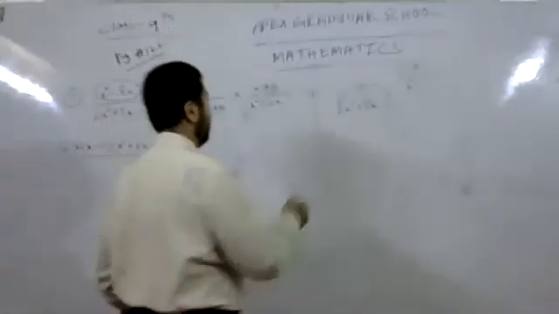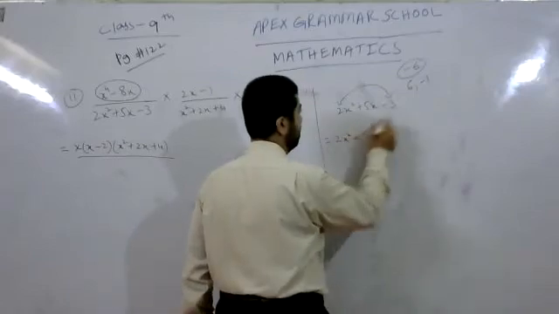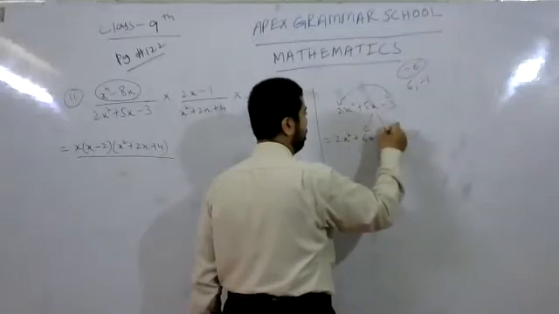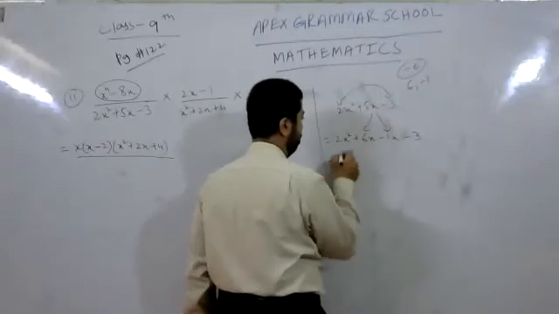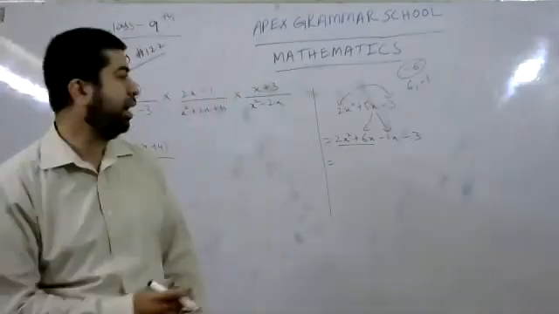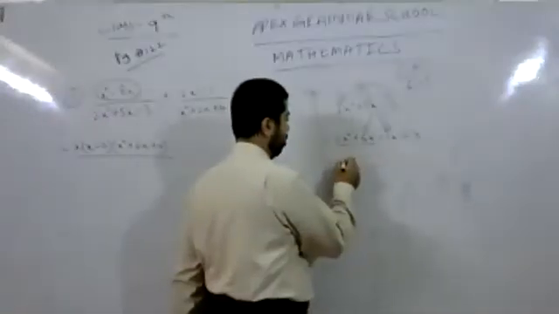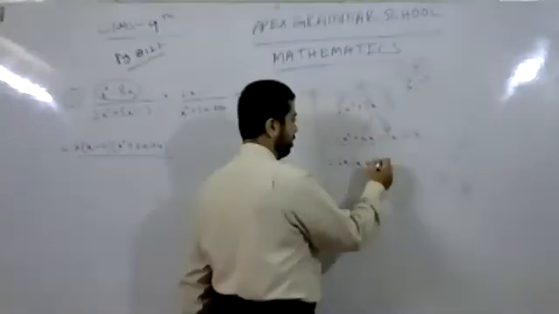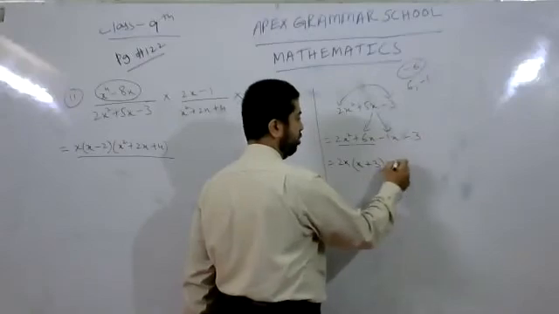So you can write it as 2x square plus 6x minus 1x and then minus 3. What is common here? 2x is common, and then x plus 3 is here. What is common here? Only minus 1 is common.